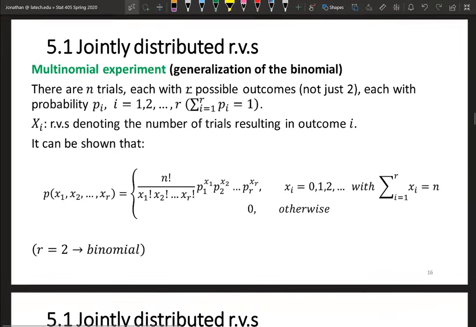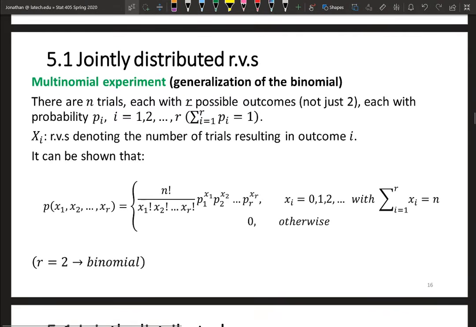Okay. There is a generalization of the binomial distribution. This should be screaming discrete distribution. It's called the multinomial distribution, or the multinomial experiment.